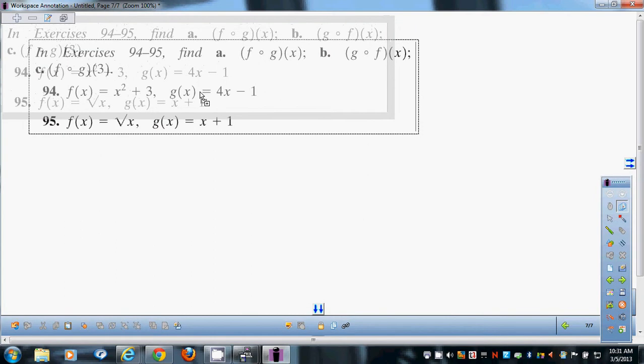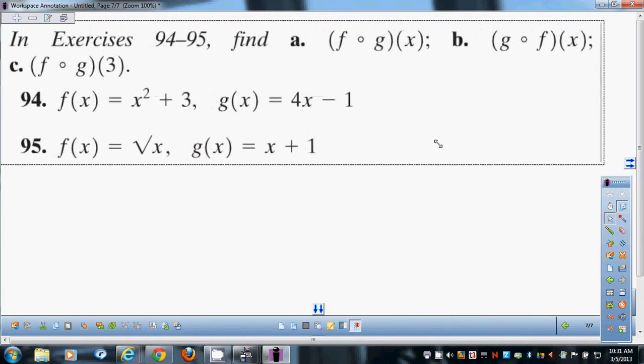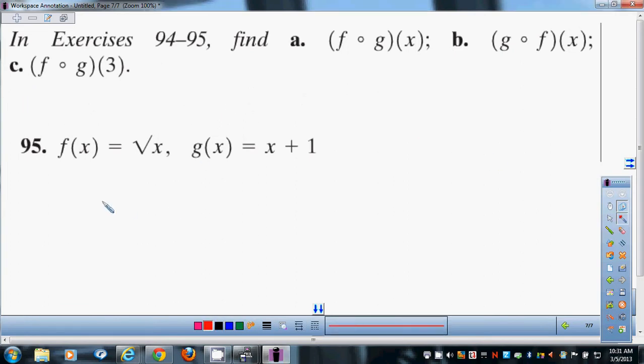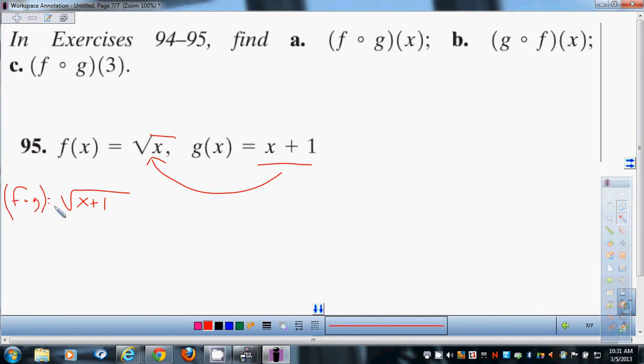So f of g would be what? The square root of x plus 1. You plug this in for the x of f of x. Technically it's of x. And then g of f would be what? Who can tell me what g of f would be? Radical x plus 1. Very good.